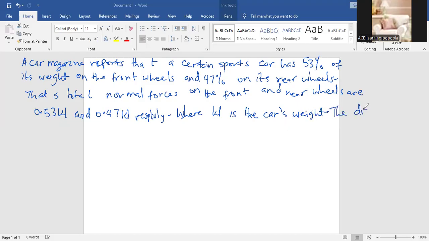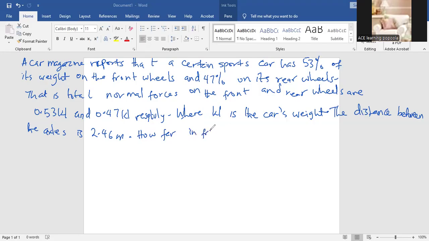The distance between the axles is 2.46 meters.